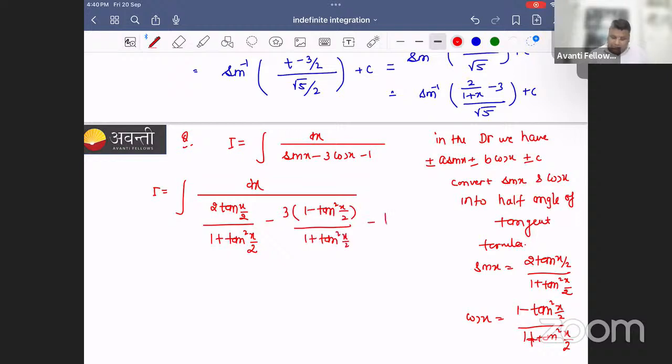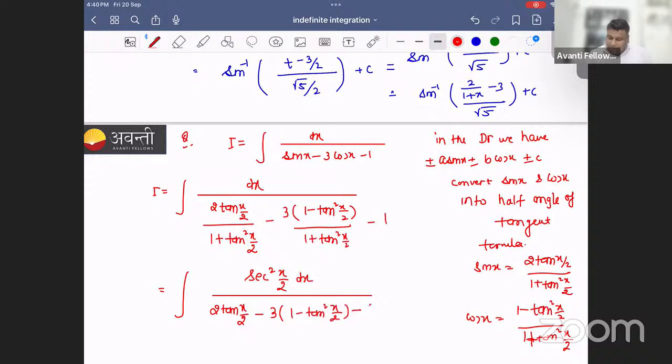Now if you take LCM, this 1 plus tan square x by 2 will go in the numerator and will become secant square x by 2 dx upon 2 tan x by 2 minus 3 times 1 minus tan square x by 2, minus 1 plus tan square x by 2.